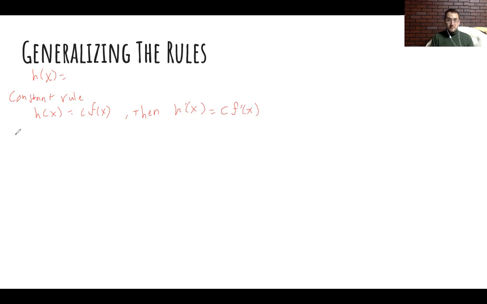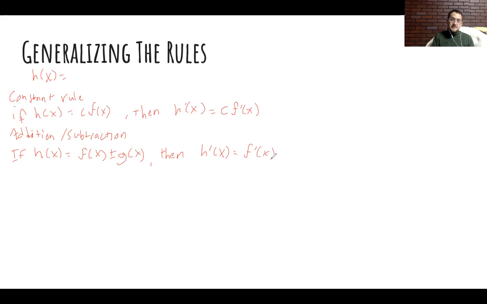Sum and addition is next. So if h of x equals f of x plus or minus g of x, then h prime of x equals f prime of x plus or minus, depending on whether there's an addition or a subtraction sign, g prime of x.